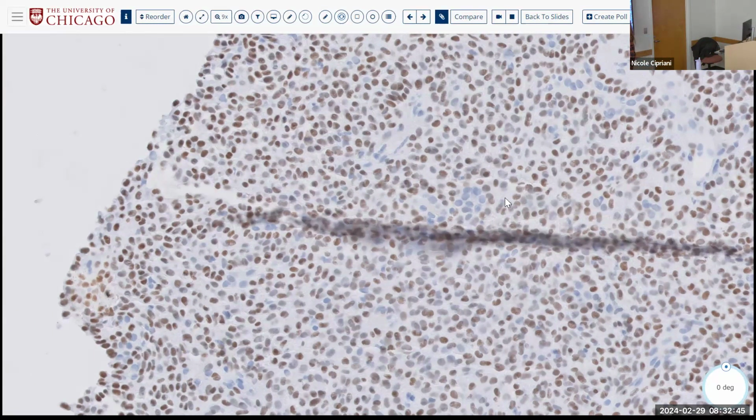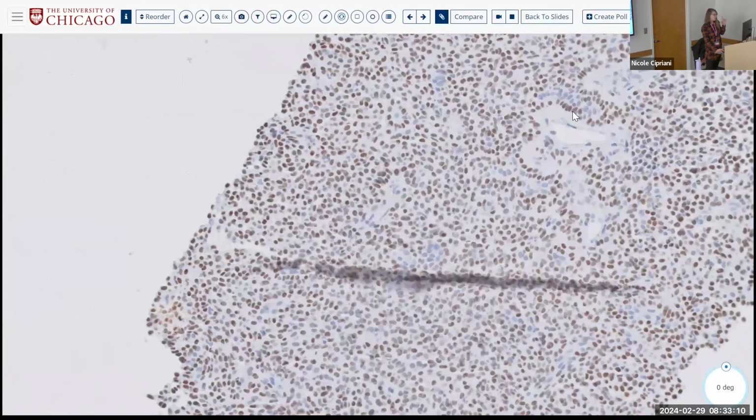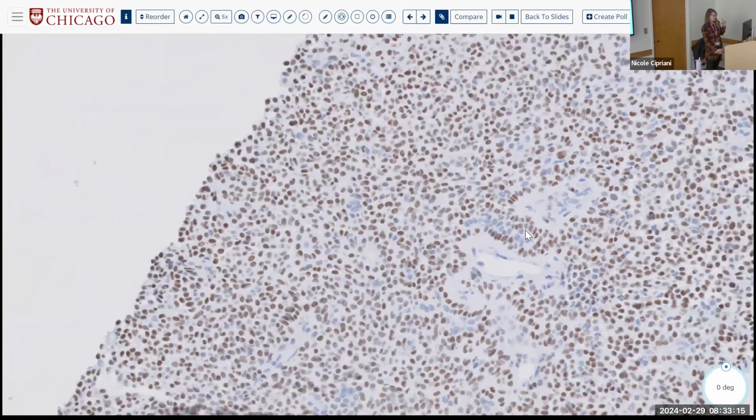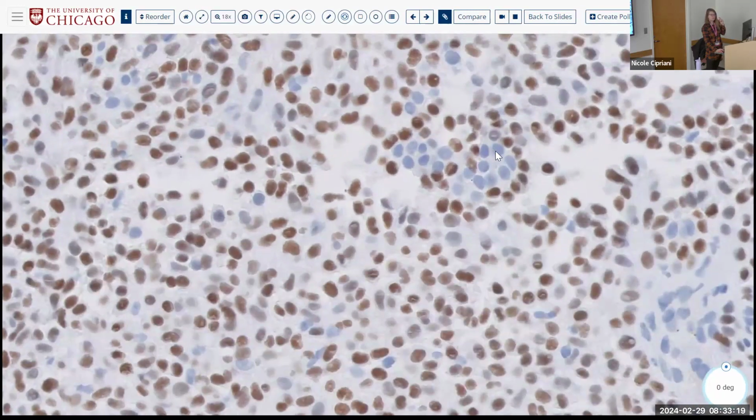So you may perceive that there are these vague, small rosettes or duct-like structures of negative cells. That's critical when you're thinking about, is this a monophasic or a biphasic neoplasm? And so I would say yes, most of these cells are myoepithelial and P63/P40 positive, but there are negative vague duct-like structures, right? Here's a nice example, that may be an epithelial component.